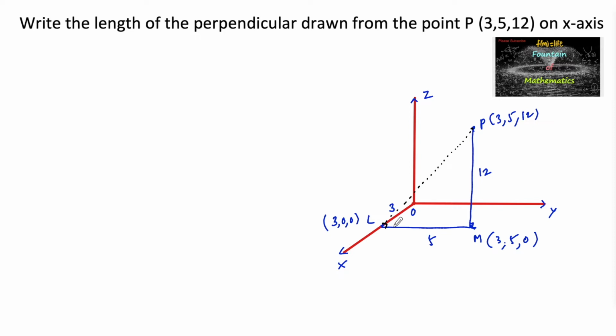PL is perpendicular to the sides. We can say PL square is equal to LM square plus PM square, or PL is equal to under root of LM square plus PM square.